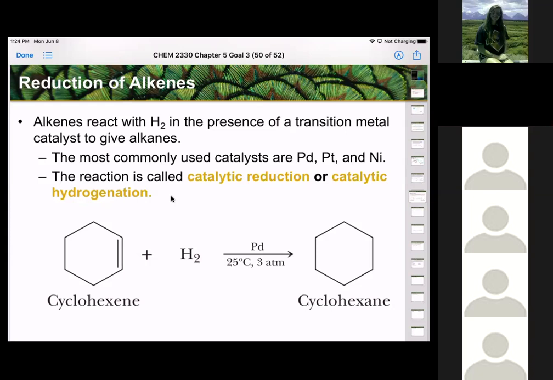We have to have that double bond come sit flat on the surface and both hydrogens are added to the same side. Okay. Now, remember, if you look at the mechanism, this is actually pattern number 3, electrophile nucleophile right here, where the alkene is the nucleophile and the hydrogen polarized bond on the surface of the metal is the electrophile.